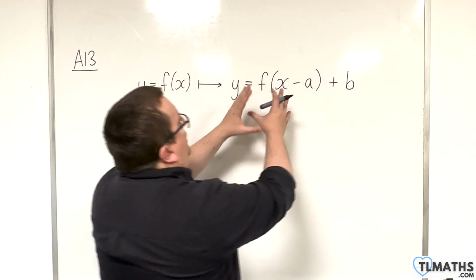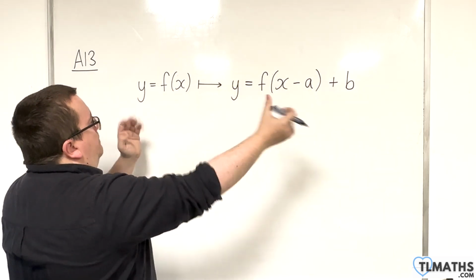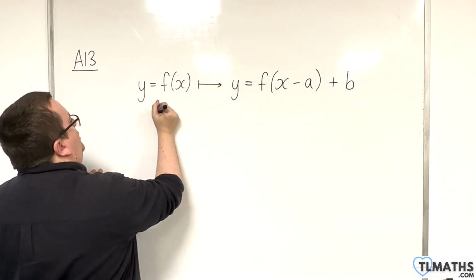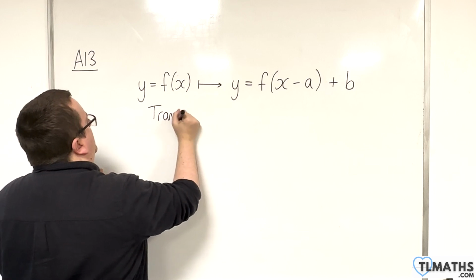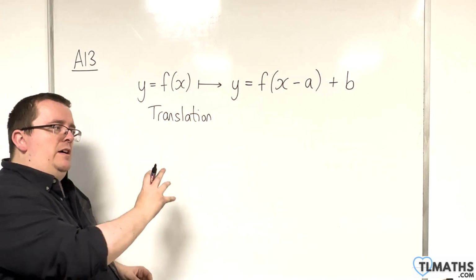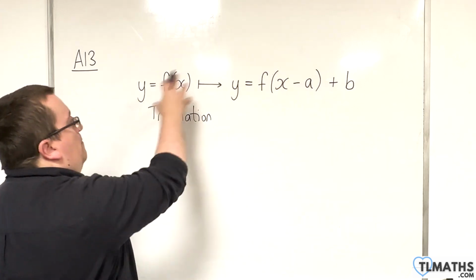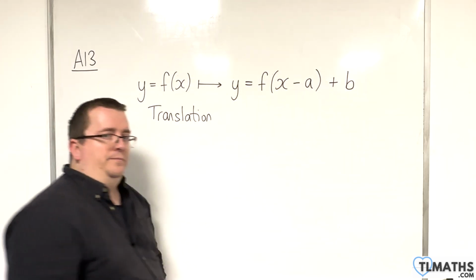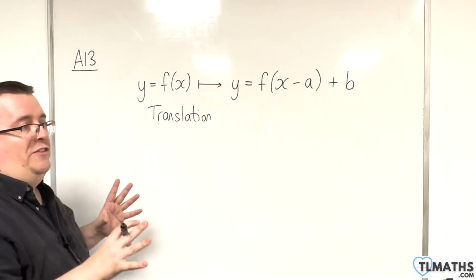So what this mapping represents, we refer to as a translation. A translation means that you are just picking up the graph and moving it somewhere else and plonking it down. That's all a translation means.